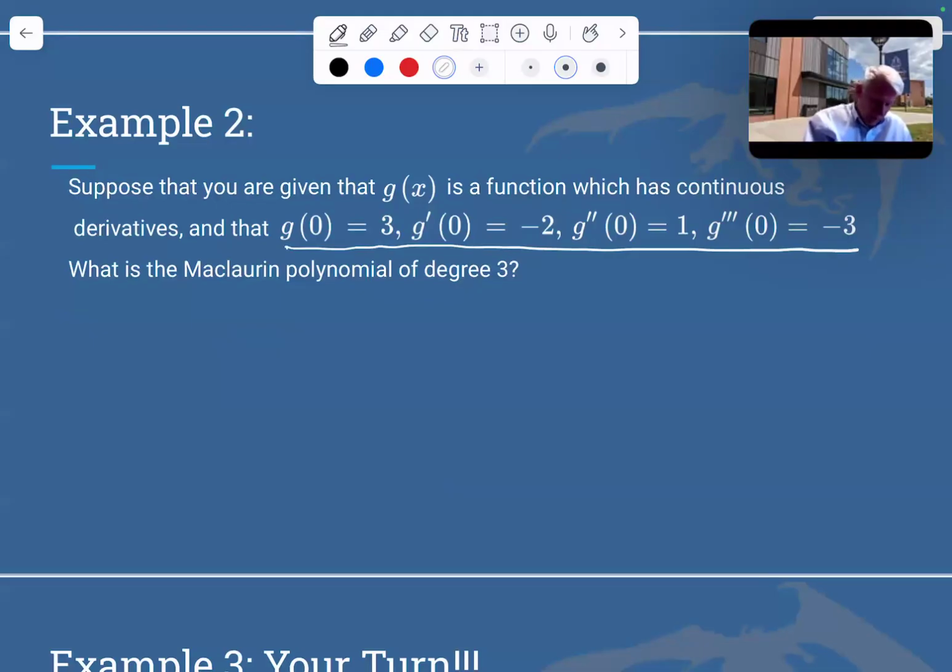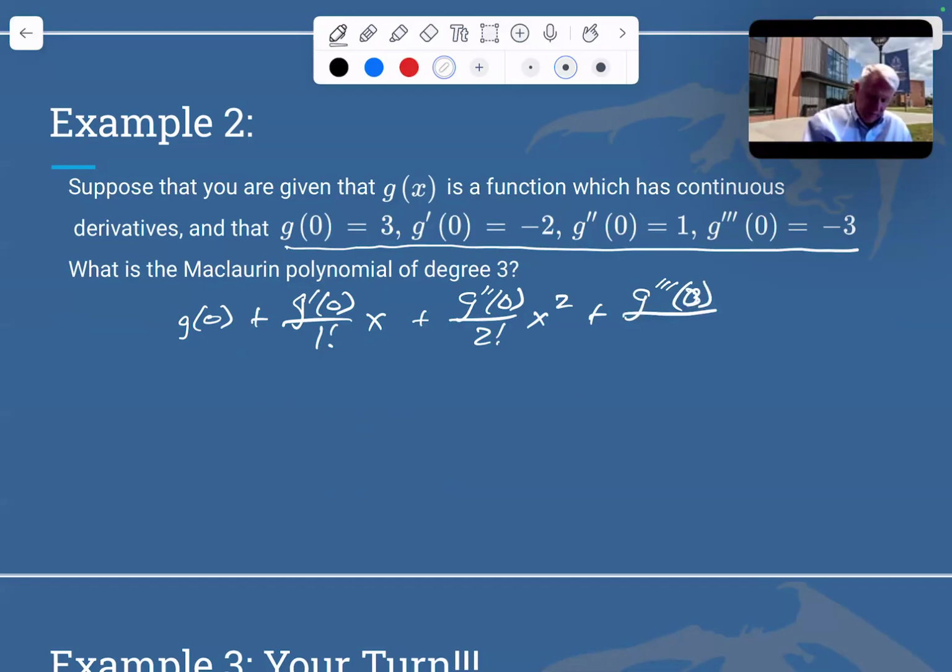Well, all I need to know is that I'm just going to have this g of 0 plus g prime of 0 divided by 1 factorial x plus second derivative at 0 over 2 factorial x squared plus the third derivative at 0 divided by 3 factorial x cubed.